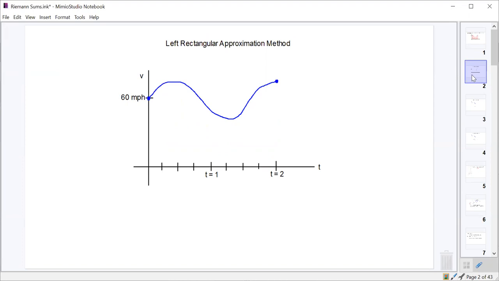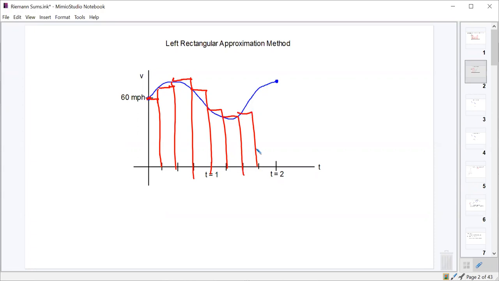Left rectangular method means start at the left endpoint, which in this case is 0, go to the point at 0 and make a rectangle. Then go to the left endpoint of the next subinterval and make a rectangle. And the next one, and the next one, and so on.